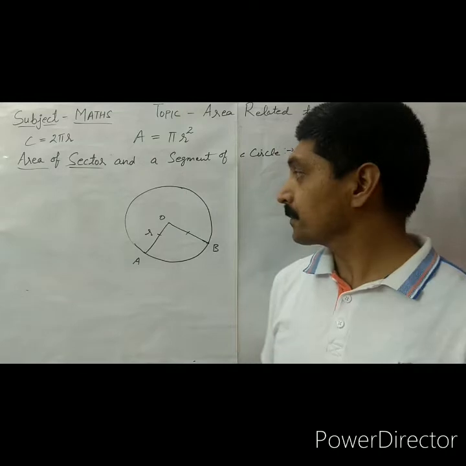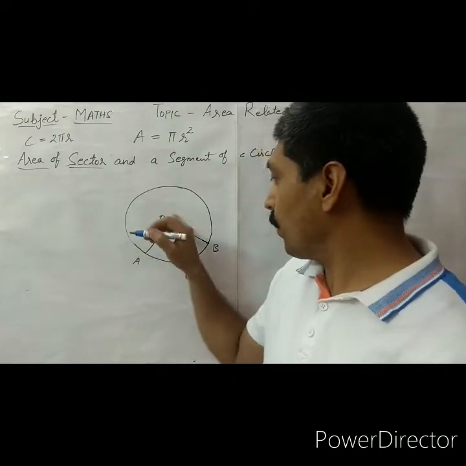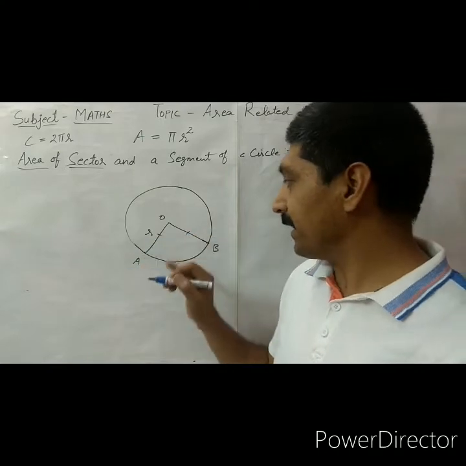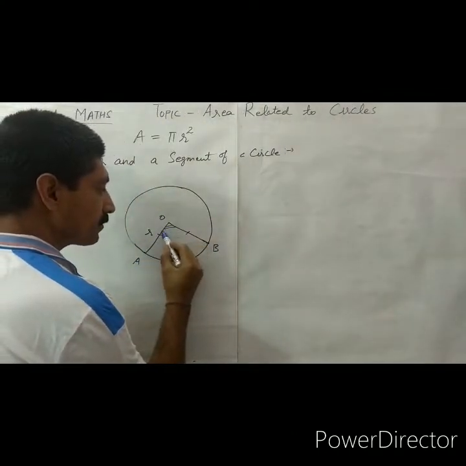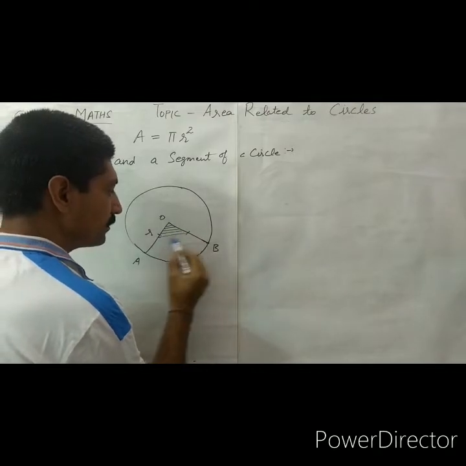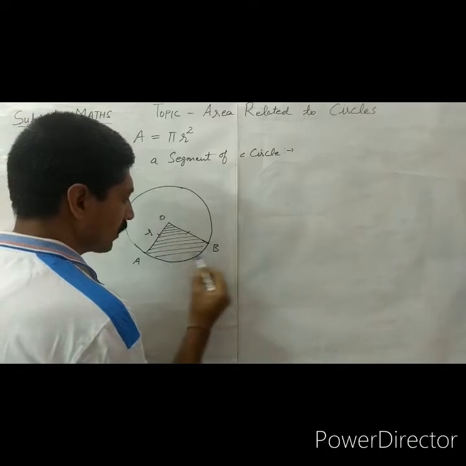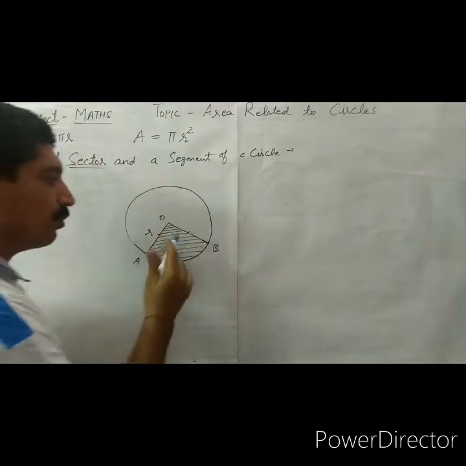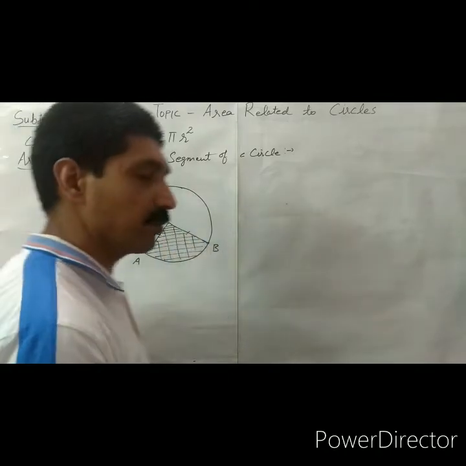So here AOB is the angle, and this shaded portion, now we have two portions, one is shaded and another is unshaded portion.